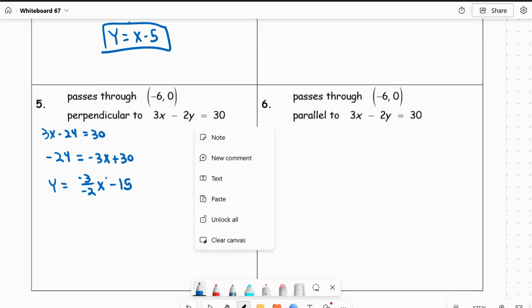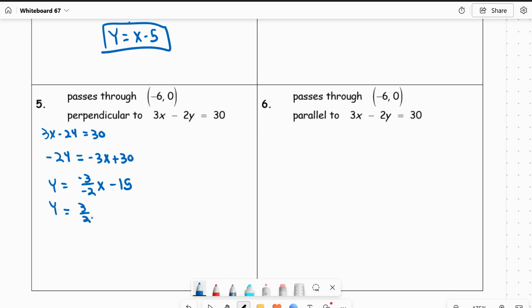And I'm going to simplify my fraction. So that gives me y equals 3/2 x minus 15. So the slope of my original equation here is 3/2. But I know that my slope has to be perpendicular to that, so the opposite reciprocal. So the reciprocal of 3/2 is 2/3, and the opposite would make that negative.